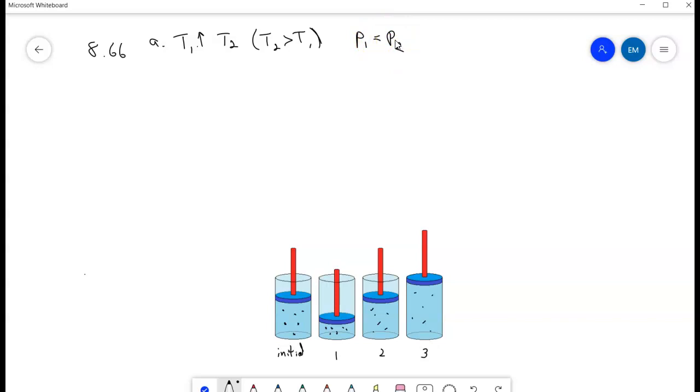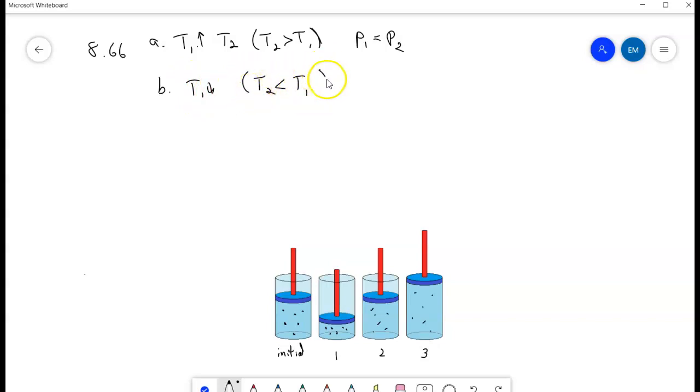You'll see where I'm getting at working problems like this, because there are simplifications in notation that can help you. Okay, so that's the first thing that happens. B, temperature decreases, so T1 decreases, so T2 is less than T1.